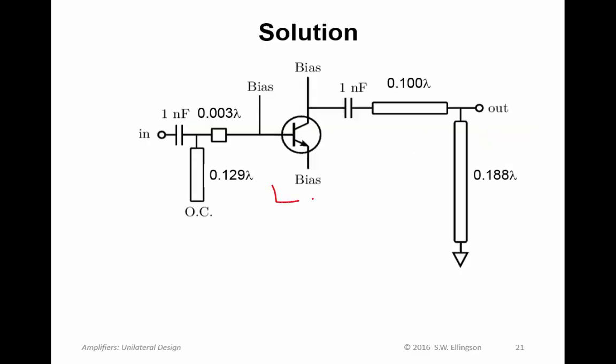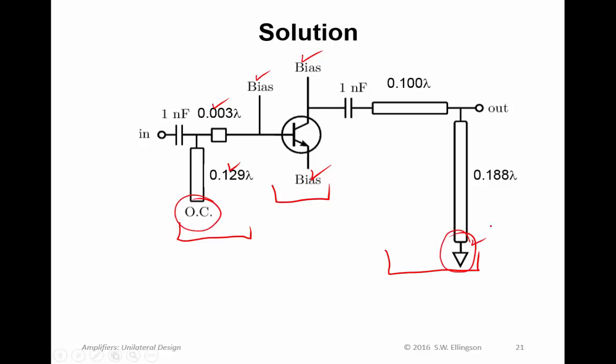Here's my common emitter transistor with the bias interfaces indicated. Here is my input matching network. Here is my output matching network. I've indicated here the lengths of the transmission lines that are required. This one's open circuited, this one's short circuited.